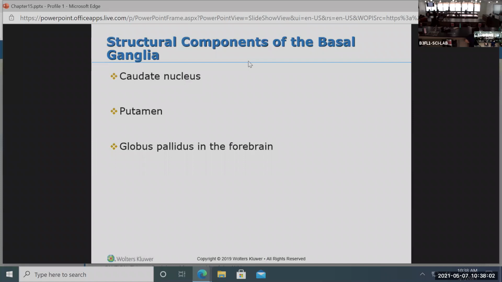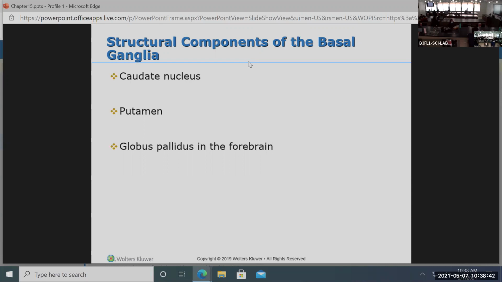Now, if you look at globus pallidus and putamen, globus pallidus, G and P, together we call the lentiform nucleus. Globus pallidus and putamen together we call the lentiform nucleus.